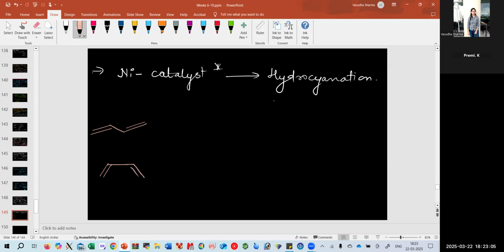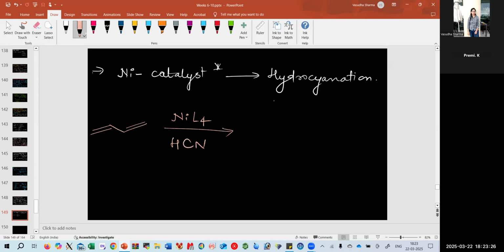So this is more stable. This is the trans form. So taking this as a substrate, now it is reacting with nickel L4, where L is your ligand, and HCN. This is your region where you are going to introduce your H as well as CN also.